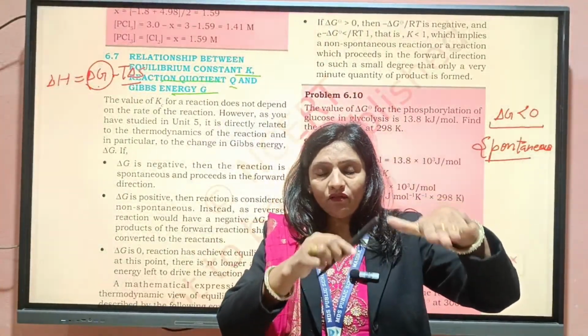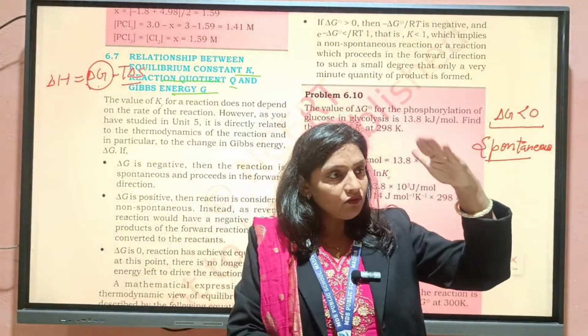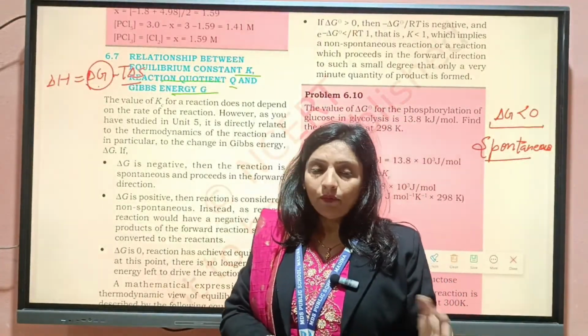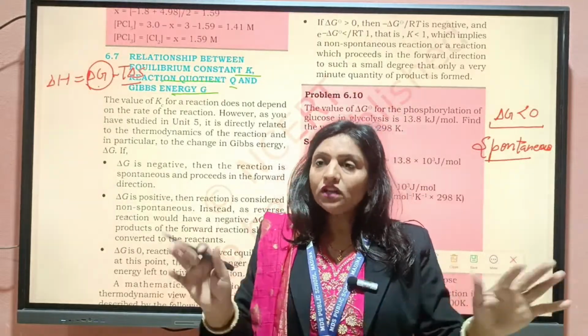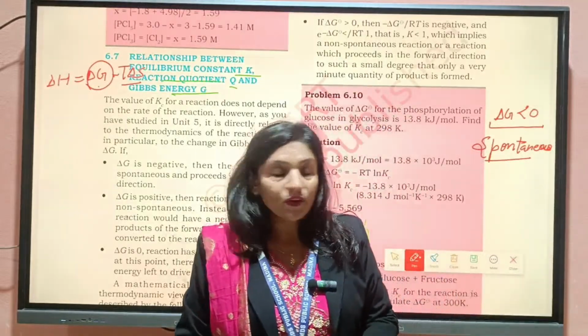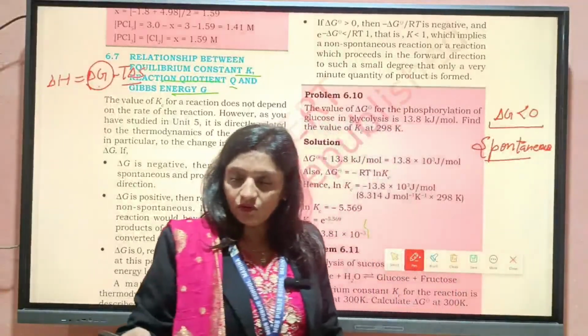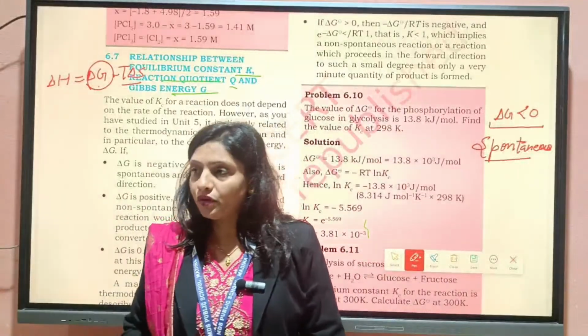But students, if I want to flow water from low to high, then without any initiation it will not move. By pumping we can do this, but without any initiation we cannot. So that is the spontaneous process. And if we want to move from low to high level, then it will be non-spontaneous.